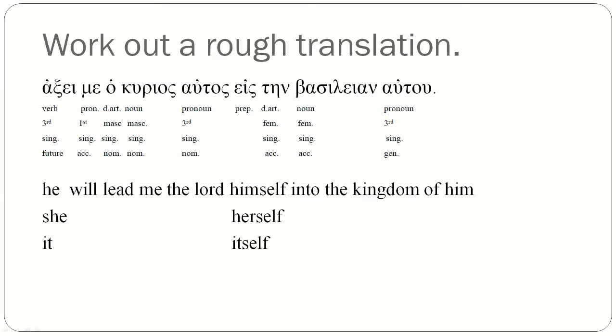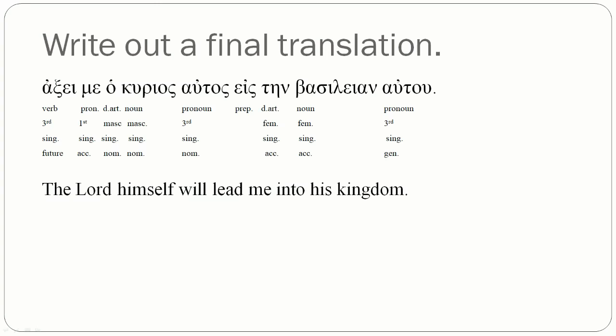Then you have autos, himself, into the kingdom of him. Your final translation, the Lord himself, right? That's your nominative. The Lord himself will lead me, eis ten basileian autou, into the kingdom of him, or into his kingdom.